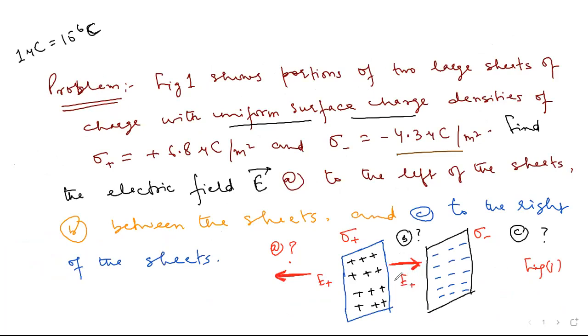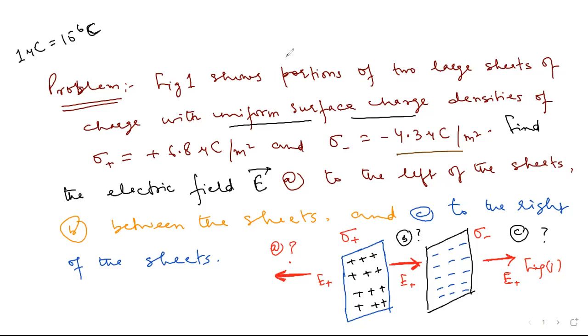This is E plus, and here it will be oriented this way, right? So these vectors represent the electric field due to positively charged sheet. It is away from the sheet.